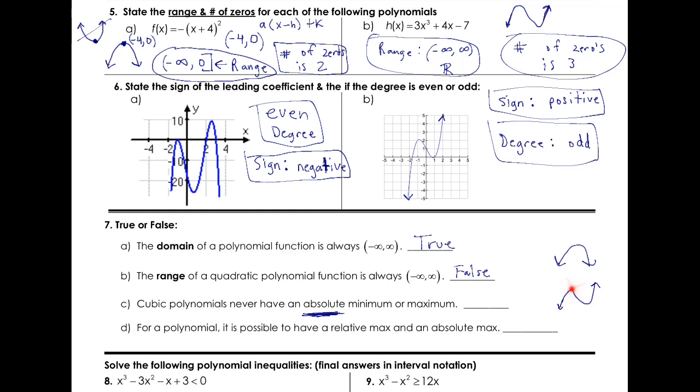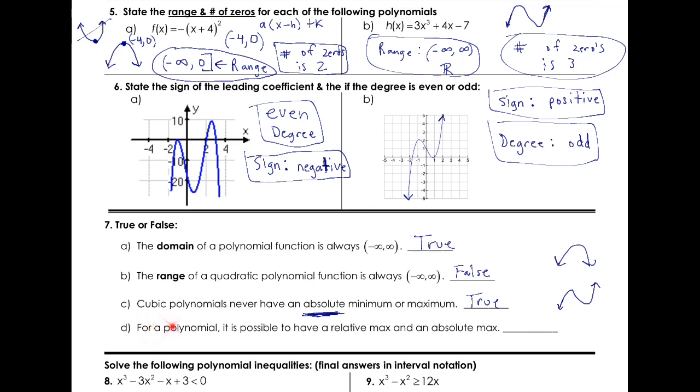Well, this is pretty high, but that's going to go up forever. And this is pretty low, and that's going to go down forever. Remember, your sides are always going to go opposite, and they're going to go forever, which means you can't have an absolute minimum or maximum because it's infinity. So this would be true because it's saying they never have absolute. So that is true.